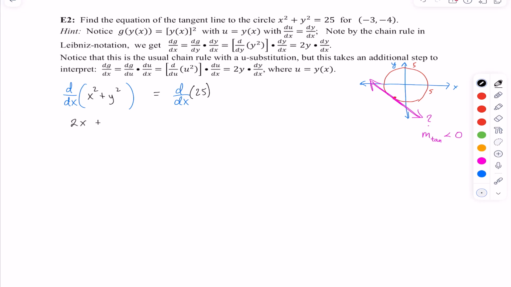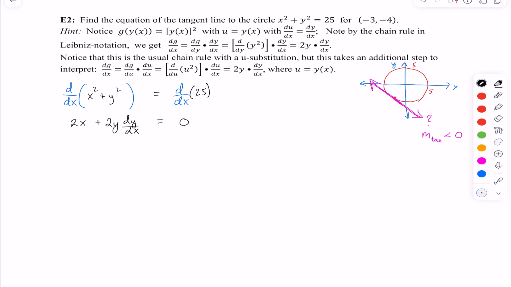That means we differentiate g with respect to y, so that would be 2y times the derivative of y with respect to x. All I did was this substitution right here, and you end up getting that derivative for that particular expression. Now, if you differentiate 25 with respect to x, not a problem. That would just get you 0.